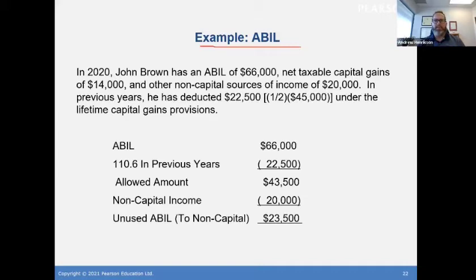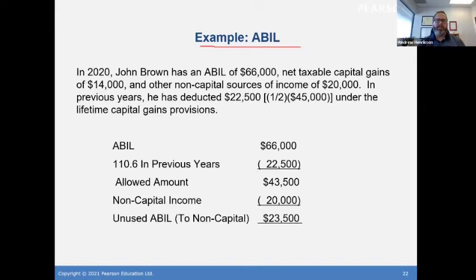So we have an ABIL of 66,000, net taxable capital gains of 14, and other non-capital sources of income. This could be anything. It could be employment income, rental property, whatever. Everything that's not capital: 20 grand.